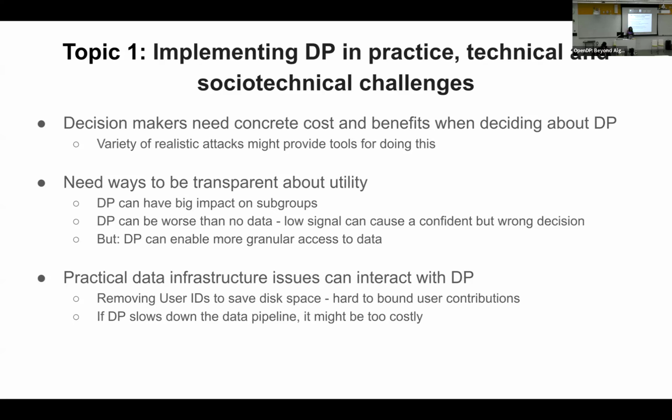And when the storage space is too much, DP is sometimes not necessary to use there. And yeah, if DP slows down the data pipeline, then it can be too costly sometimes. So that's the summary of what we talked about.